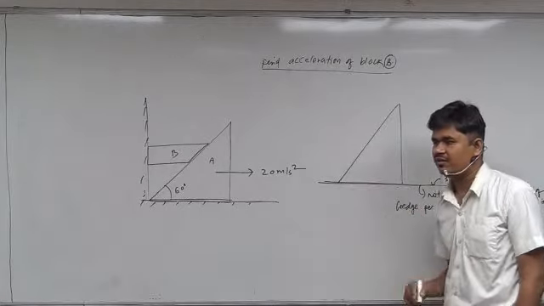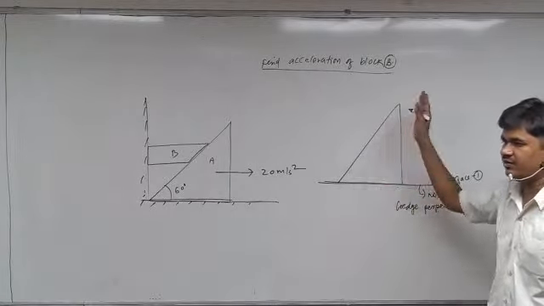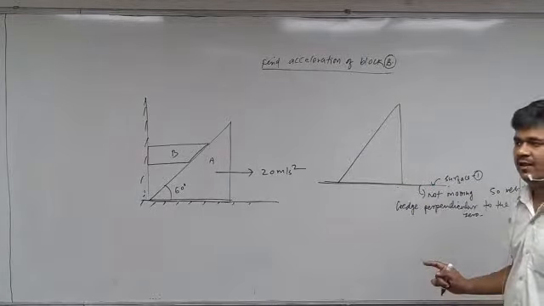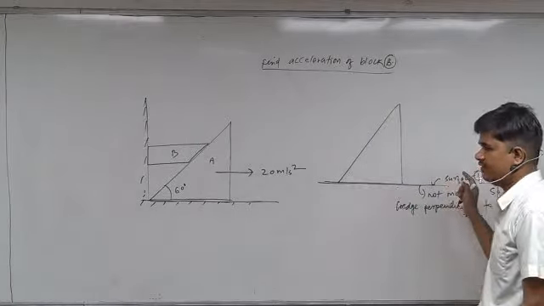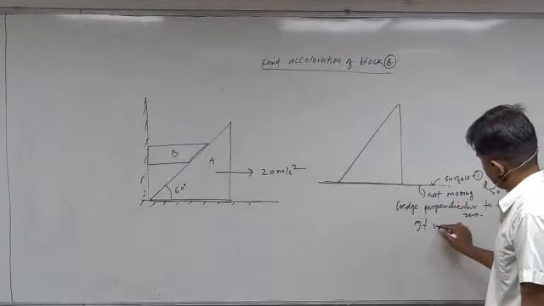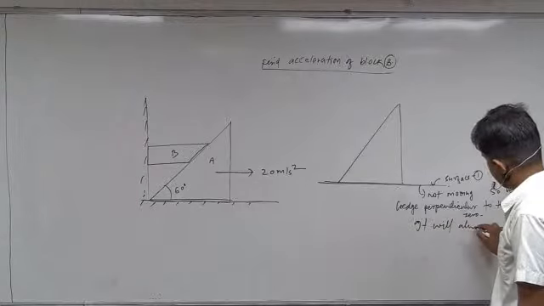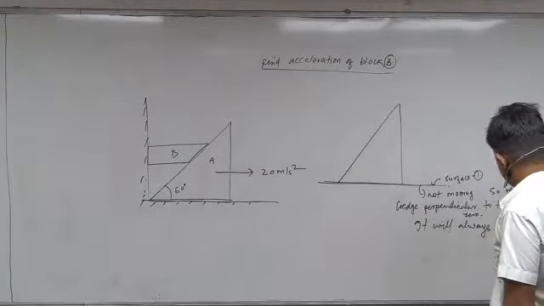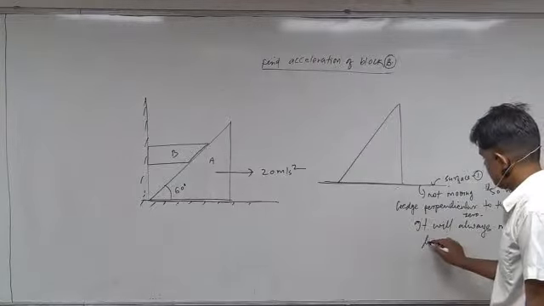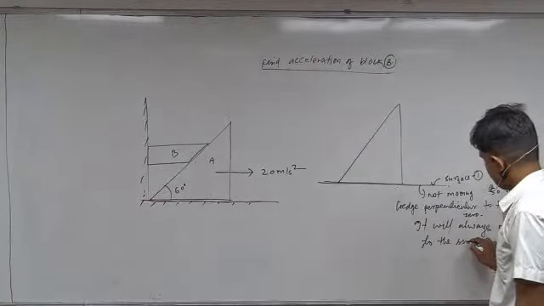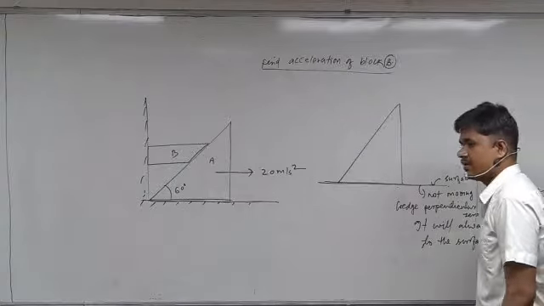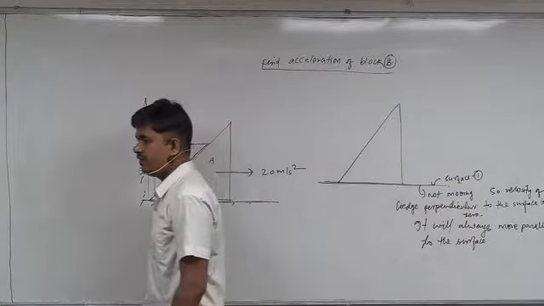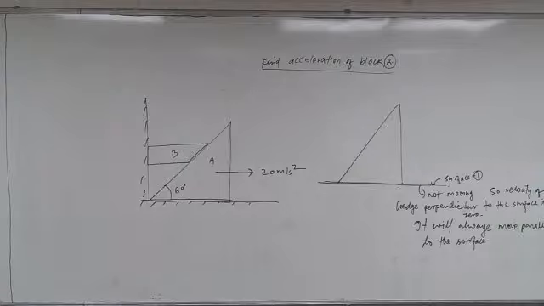This wedge will not move perpendicular to the surface here. It will always move parallel to the surface. This is the first thing, when we apply the constraint relation at the first surface.